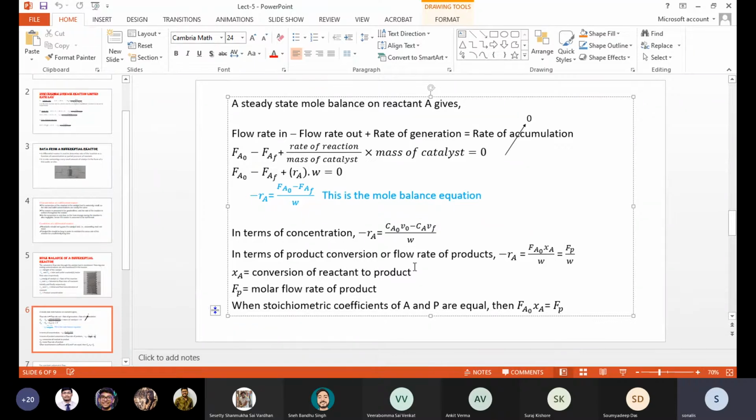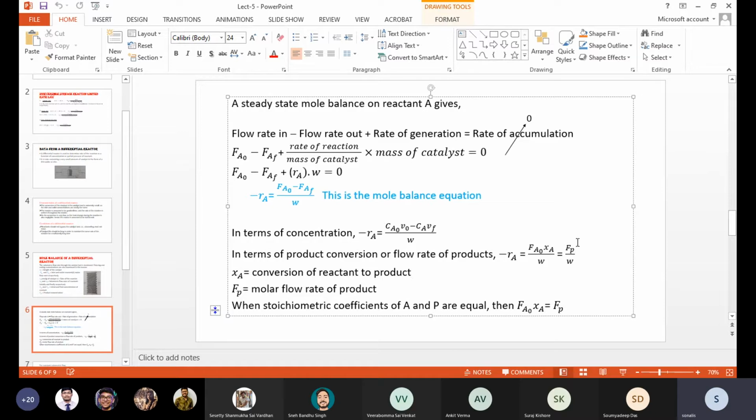In terms of product conversion or flow rate of products, we can write minus Ra is equal to Fa0 XA by W. XA is the percentage conversion or fractional conversion of A. Fractional conversion of A into the molar flow rate, that means mole per second, will give you the molar flow rate of product by W. This much, Fa0 into XA, this much A is converted, because we are multiplying the flow rate of A by the fractional conversion, and that conversion is actually towards the product.